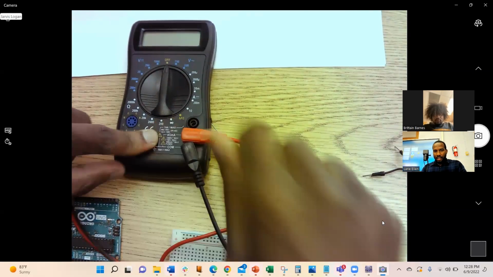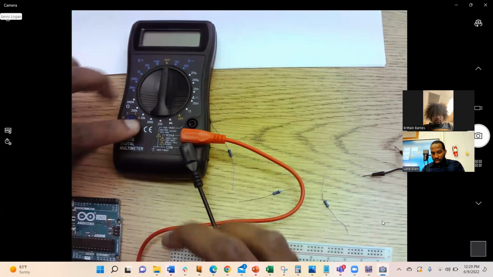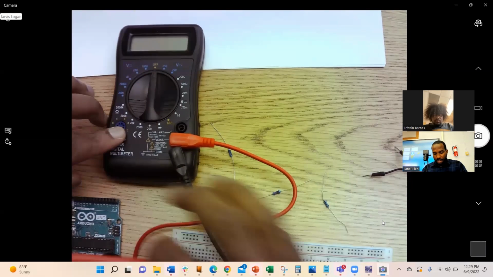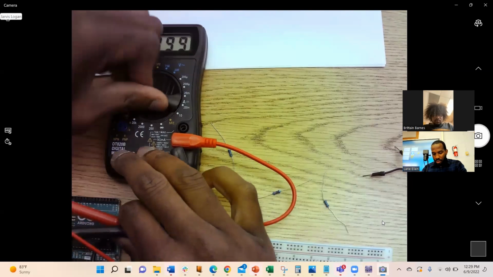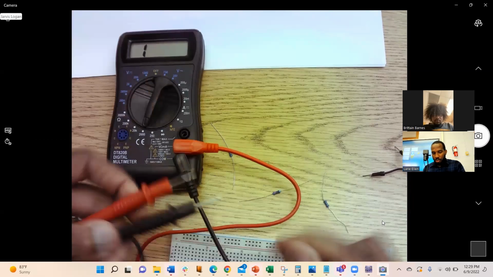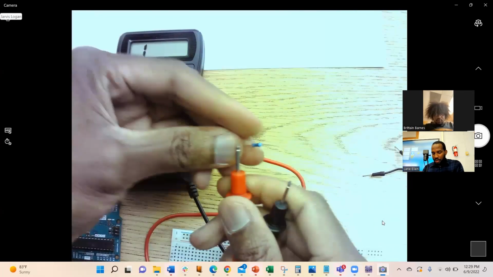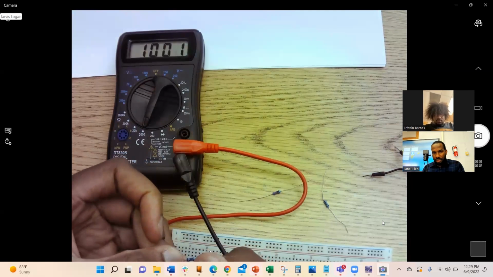And again, for the meter, the black in common, the red in V ohm, and I'm going to put it on the omega symbol. I know that the highest resistor I have is 1K, so I can put my resistance down to at least 200 ohms to measure the other values. If this is the 100 ohm, then I can put my resistance down even further.